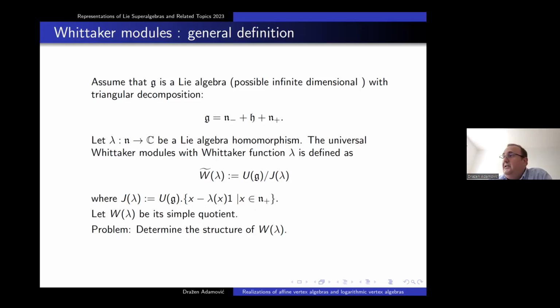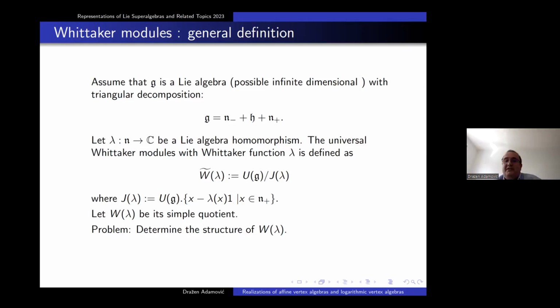And one question in representation theory is to describe whether this V lambda bar is irreducible, or if it is not, do we have a simple quotient? How many simple quotients do we have? And describe these simple quotients. So this is the problem, how to determine the structure of V lambda.